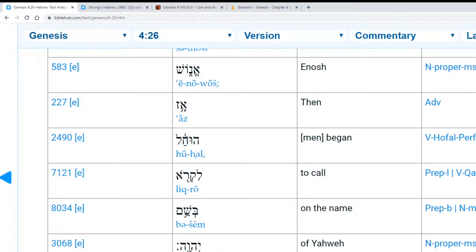But huchal, to begin. If I didn't have that concordance there saying that differently, I would have actually thought that it was het lamed he, meaning to fall upon, to begin.